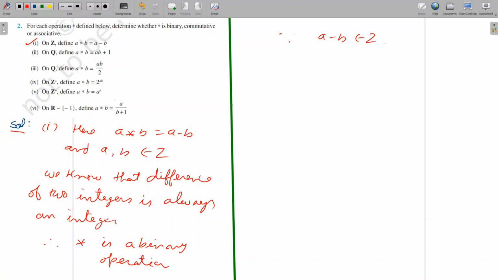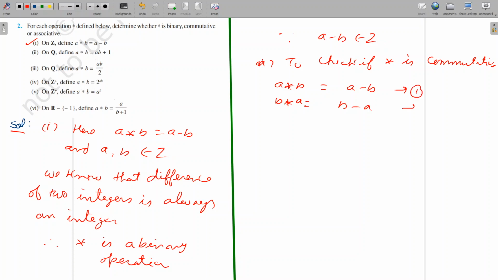Now we'll check whether star is commutative or not. So first, in this A part, to check if star is commutative, we'll find A star B. A star B is equal to A minus B, and B star A equal to B minus A. And we know that A minus B and B minus A are not equal.